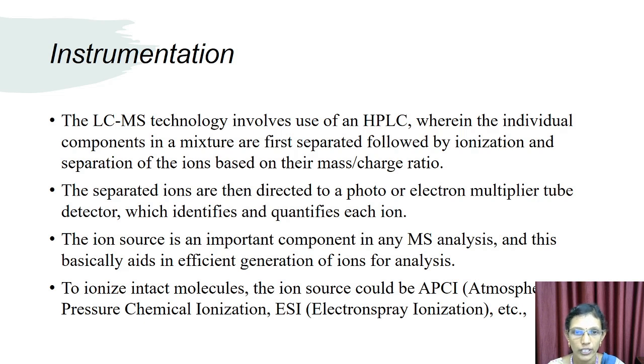The ion source is an important component in many MS analyses, that is mass spectroscopy analysis, and this basically aids in efficient generation of ions. The most commonly used ionization sources are APCI or ESI.